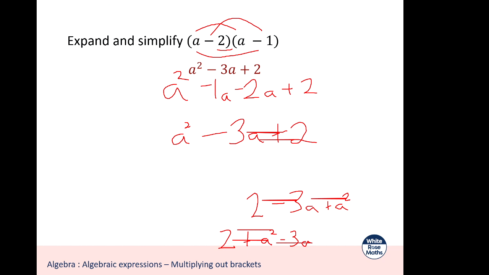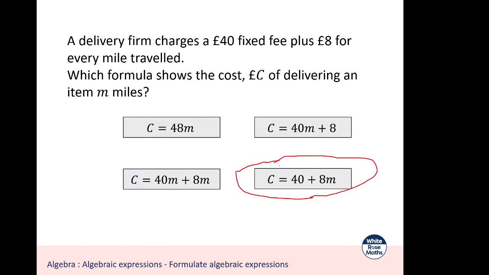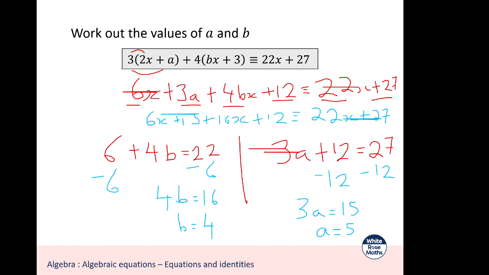You do a times a, then a times -1, minus 2 times a, and minus 2 times -1, and you get a squared minus 1a minus 2a plus 2. Collect your like terms. I get a squared minus 3a, because minus 1a minus 2a makes minus 3a, and then plus 2. We can do some more expanded brackets at some point. Hope that makes sense.